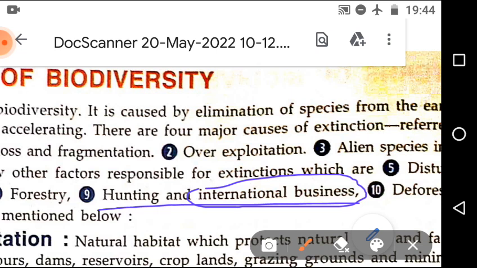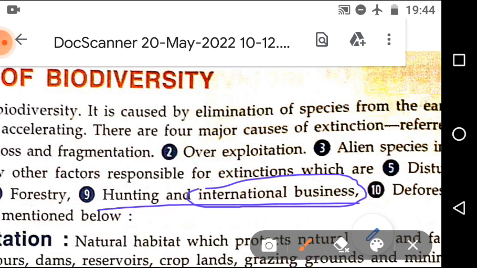Then skin of the tiger is used for decoration purpose. Due to this international business, many animals are getting endangered. That's why our government has set up projects like the Save Tiger project and Save Rhinoceros project.